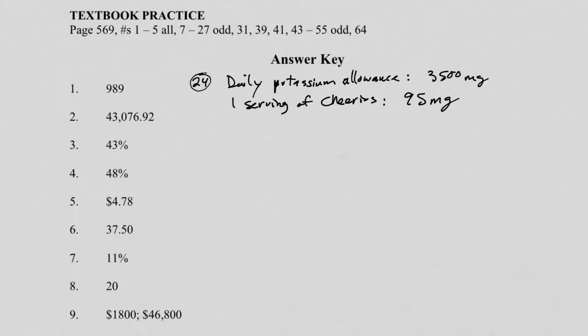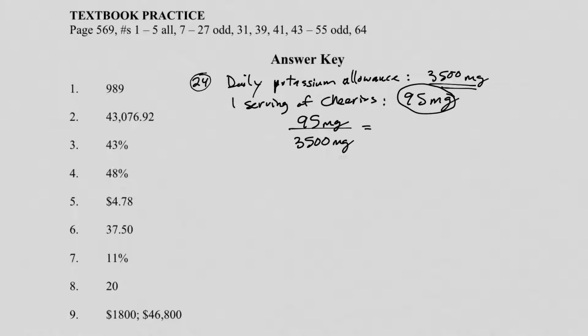So the question is, what percent of the USRDA of potassium does one serving of Cheerios provide? So in other words, what percent is this number compared to the whole number? So this is simply a fraction. 95 milligrams over 3,500 milligrams. What percent is that? Okay, what portion is that?